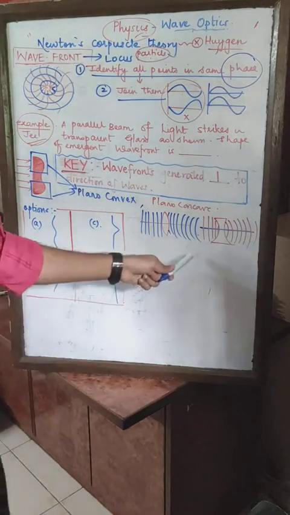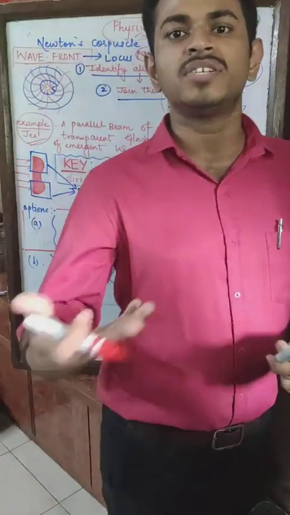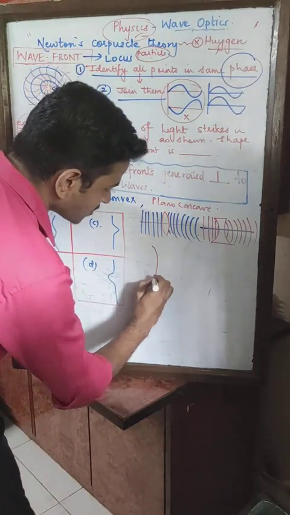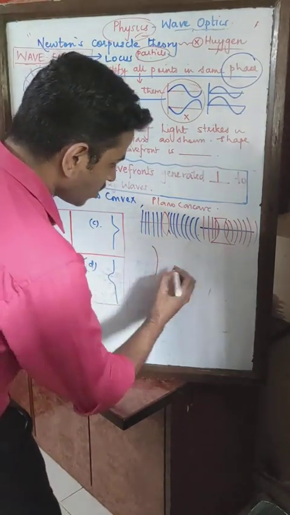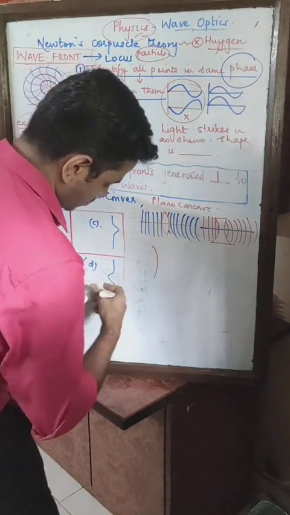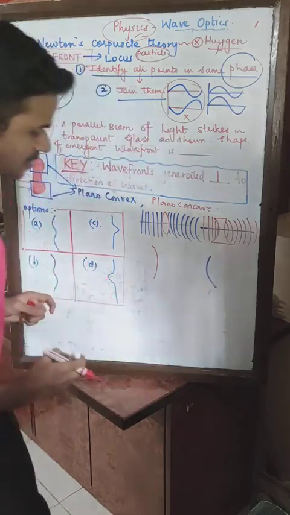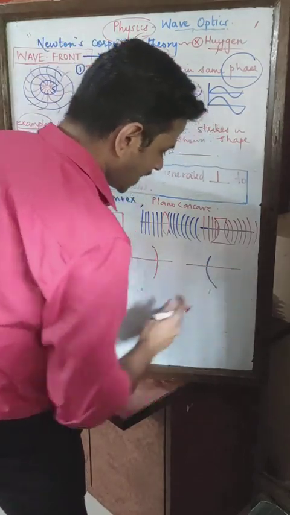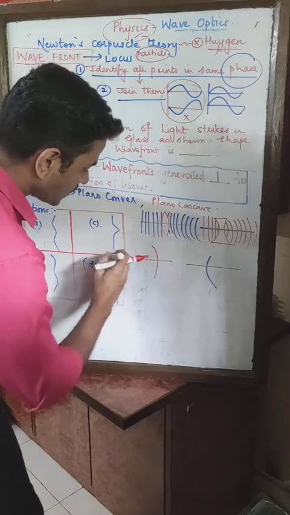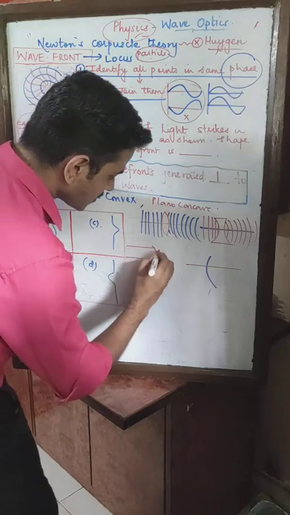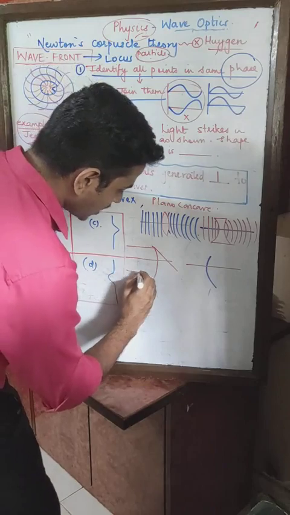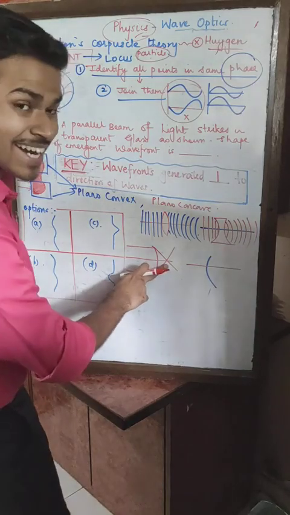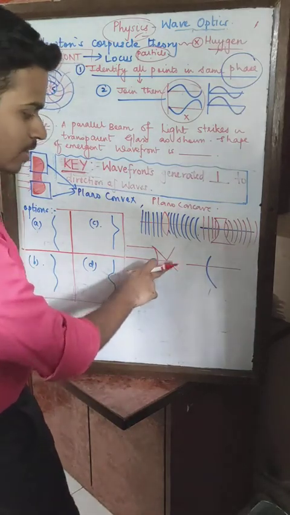You might have seen this in textbooks. Now, how is this pattern formed? Taking the convex part and the concave part, we know from ray optics that for a convex lens, the light rays incident on it converge at a point.